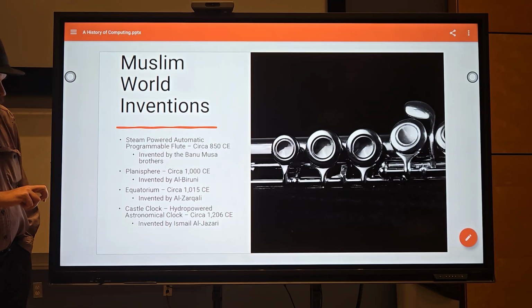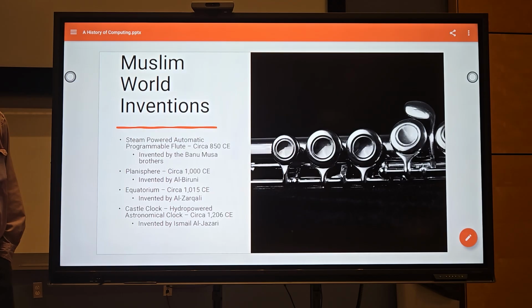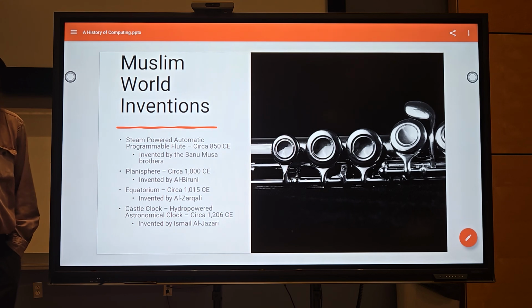I don't remember the exact names, but Muslim mathematicians and scientists are credited with creating a lot of the math that we use. The 10 numbers that we use are based on Arabic numerals. The word algebra is an anglicized version of a Muslim mathematician's name.